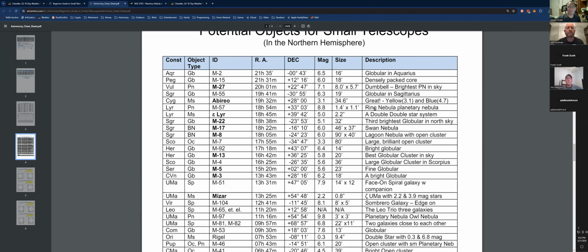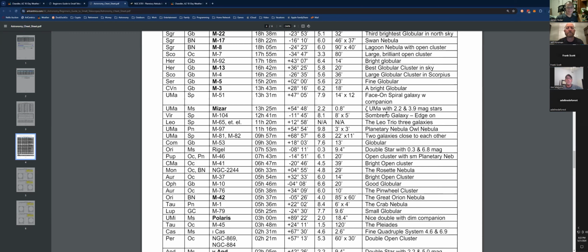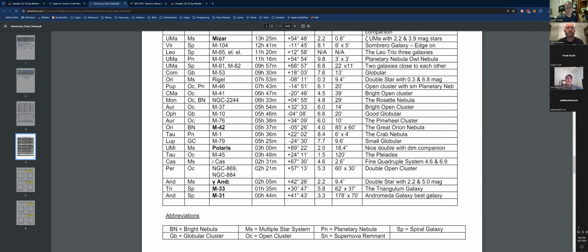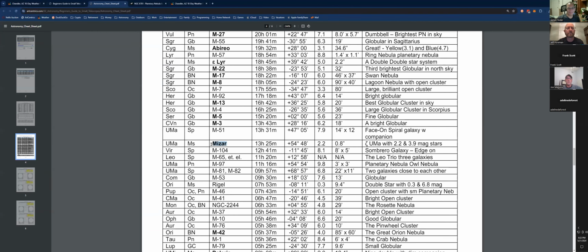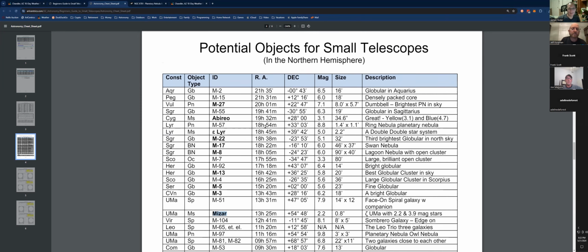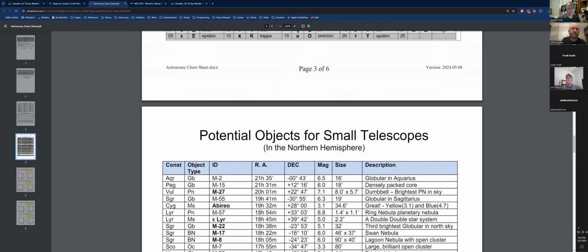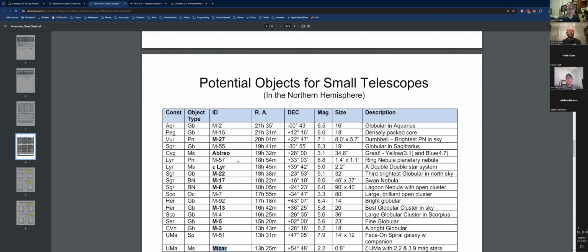You might want to look at this because this is stuff you might be able to see. These bolded items are really good. Mizar is a pretty nice little multiple star system in Ursa Major. That's one we can look at this week coming in. This is a good list to use, and now you know how to use it more.